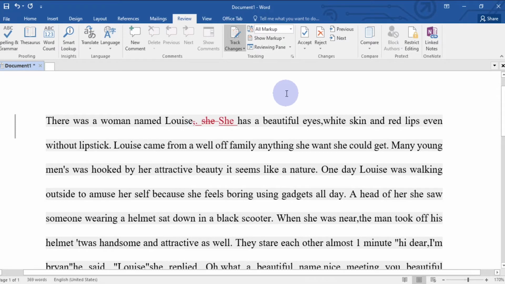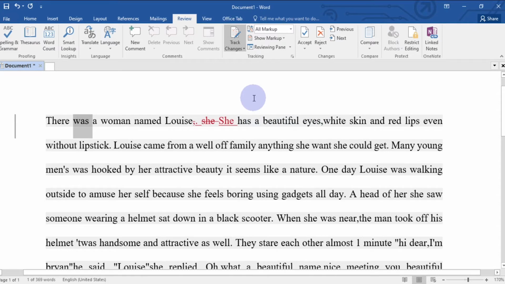Then I have an important observation that I want you to keep in mind. This text is a narration about something happened in the past. We see was, which is a past verb. So we're talking about actions that happened in the past. But here, as we can read, she has a beautiful eyes.